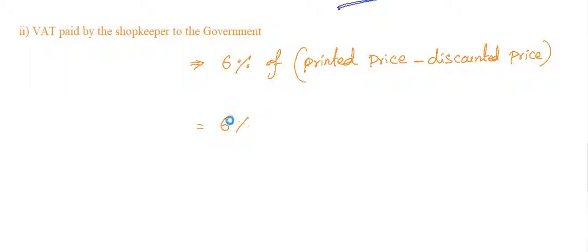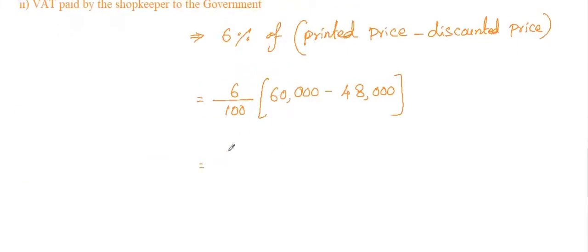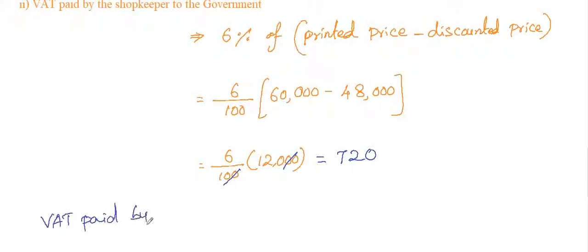So 6% of, which means 6 by 100 into 60,000 minus 48,000, which is 12,000. So 6% of 12,000. If we simplify this, we'll get 720 rupees. So the VAT paid by the shopkeeper to the government is 720 rupees.